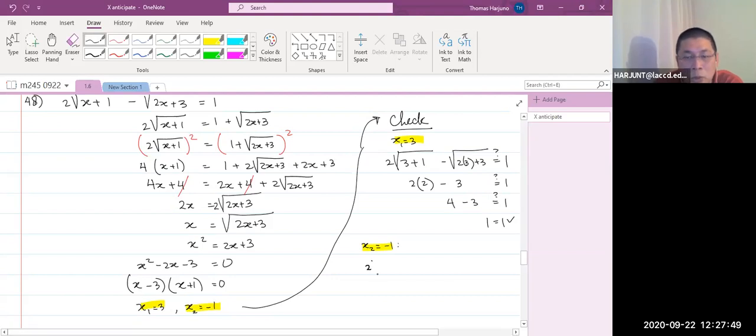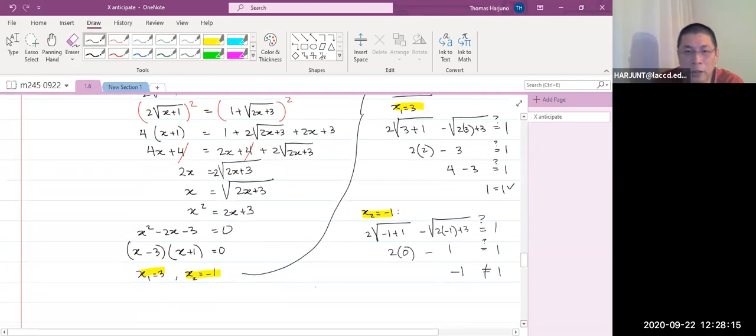So 2 square root of -1 plus 1 minus square root of 2 times -1 plus 3, is it equal to 1? This is 2 times 0 minus 1, is it equal to 1? But this is -1. So it's not equal to 1. Doesn't check. So we conclude, summarize: x equals 3 only.